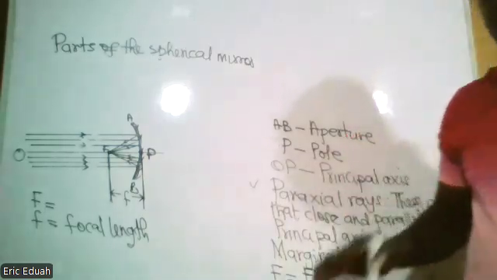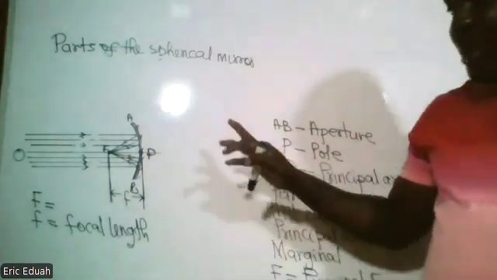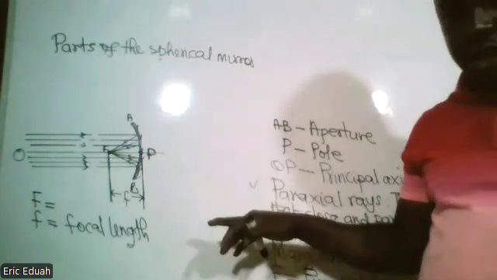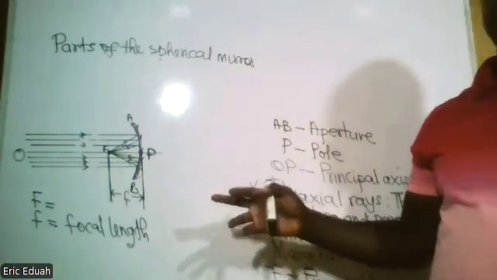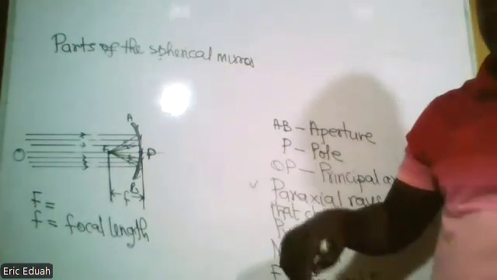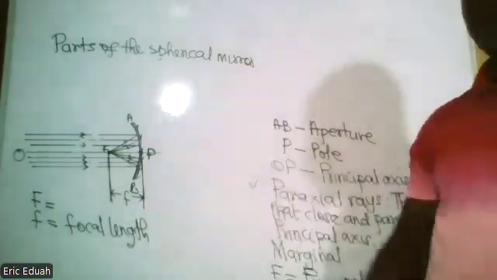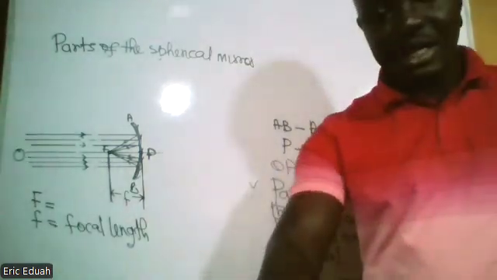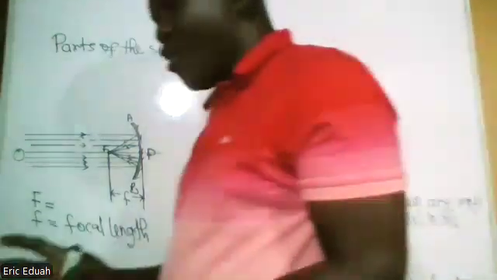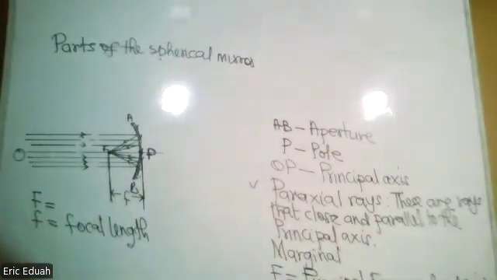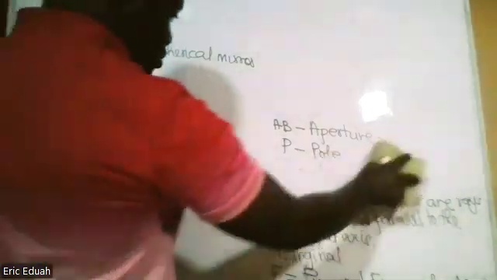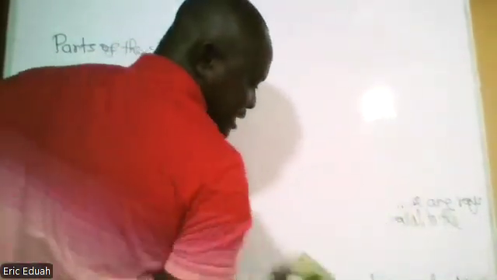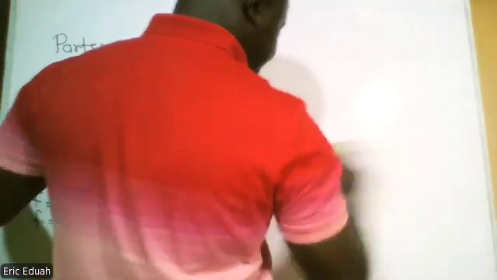Okay, let's look at the principal focus and then the focal length of a convex mirror too. This is for concave. Let's look at how that of a convex mirror also plays out, so that we distinguish between them.